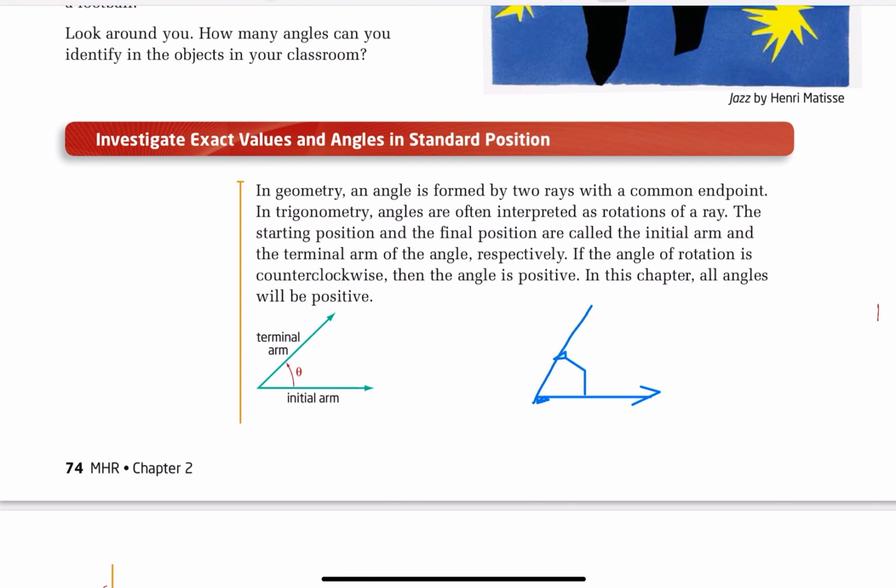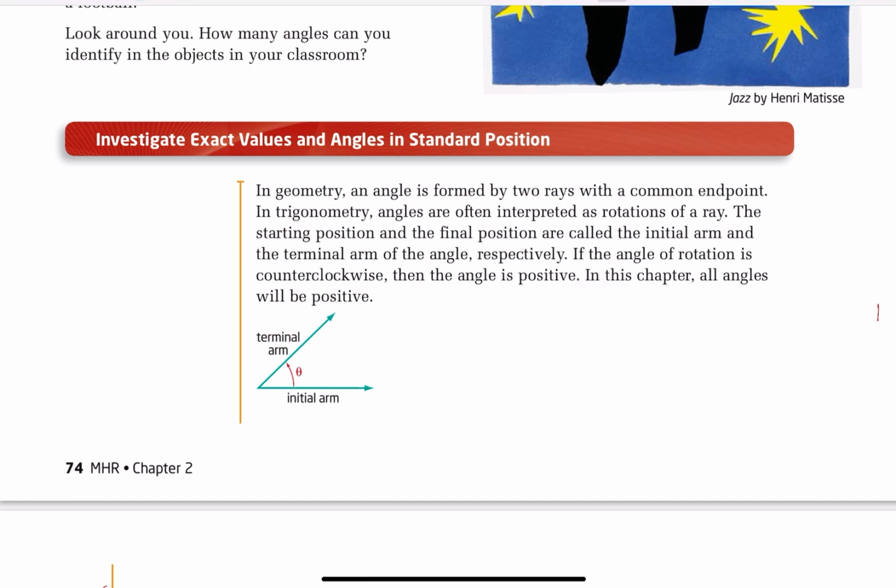So if our ray is rotating from this point to this, going to this side, this is one angle that is formed here. Perfect.